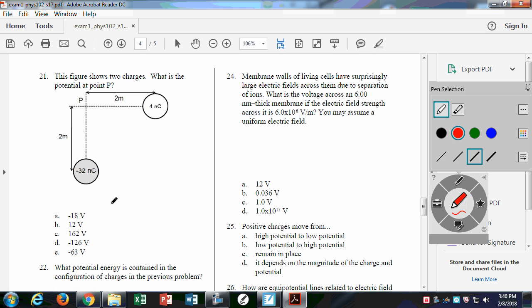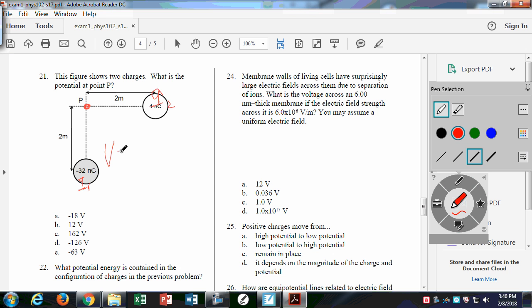Okay, what is the potential at point P? You're going to have one like this, right? It shouldn't be a surprise, I told you. The potential at point P, first of all, be glad that it's not electric field or forces, because this is a lot easier to do potential. Let's call this Q1, and we'll call this Q2.